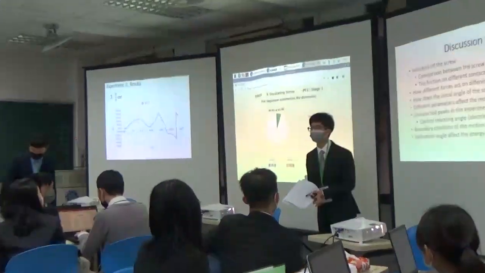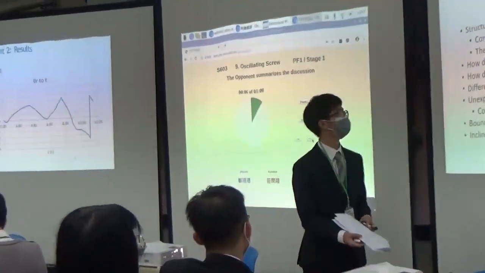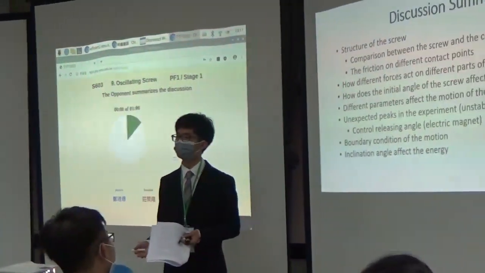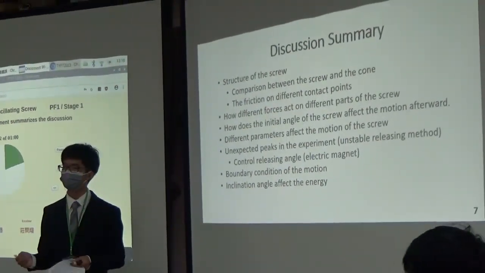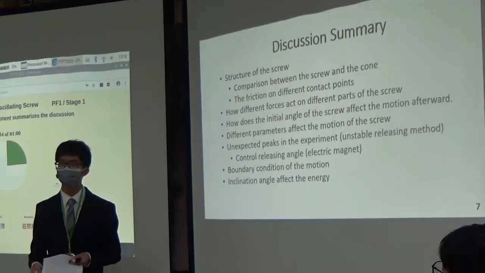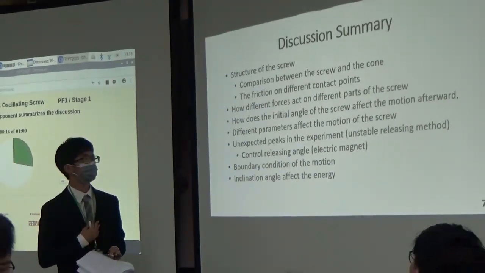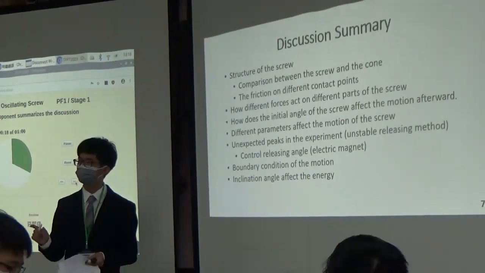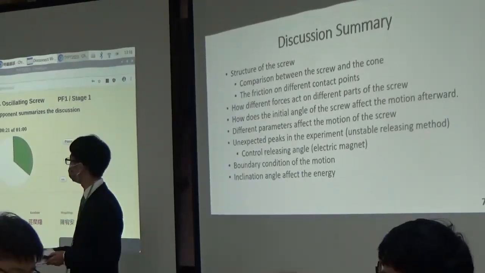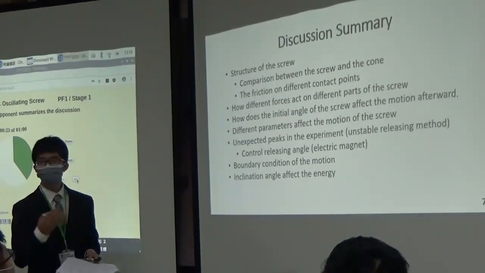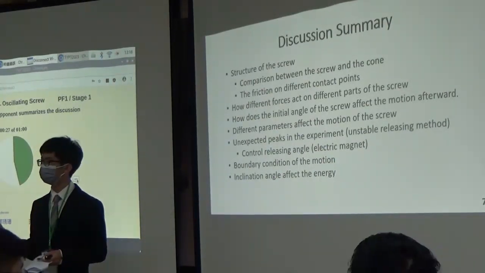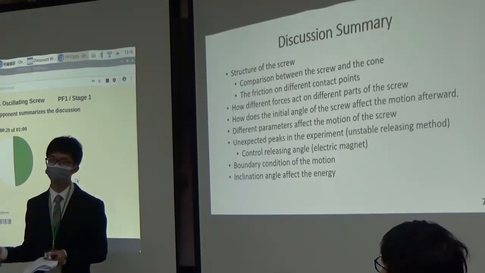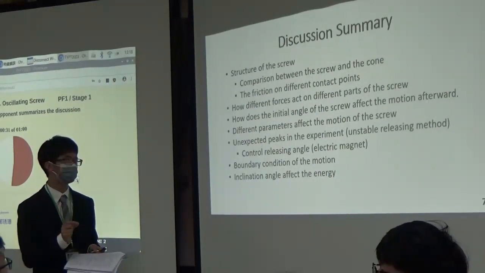Honorable juries and other competitors, this is my discussion summary. In the first part, I discussed the structure of the screw. The reporter believes it can be assumed to be a cone, however, the opponent disagrees with this part because the friction will be different on two different contact points. I talked about how different forces act on the different parts, and I agree with the reporter that the friction acts on the contact points.